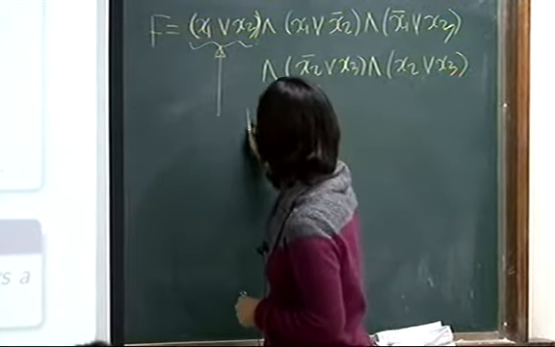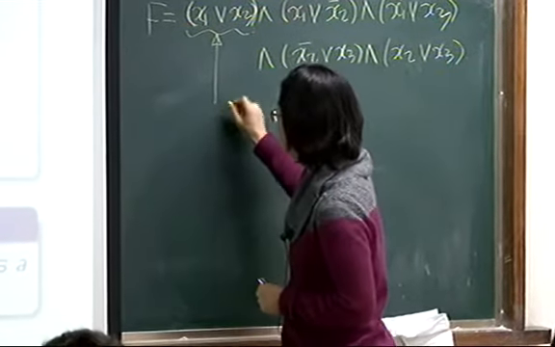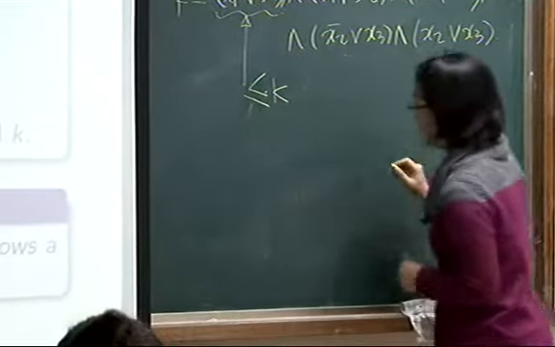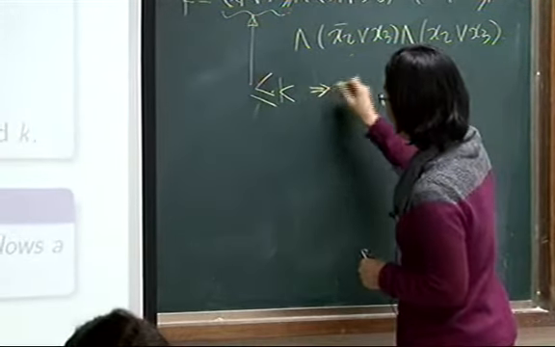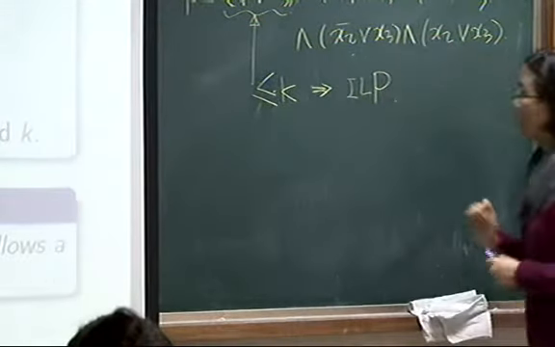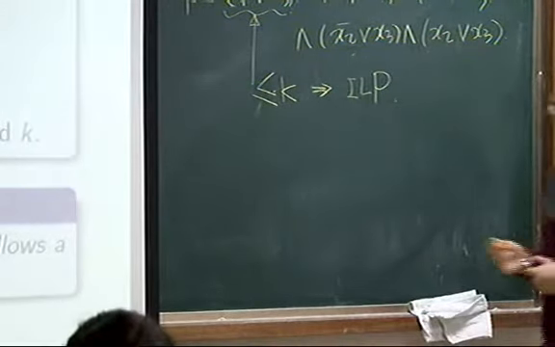So we want to answer the question whether there is a vertex cover of size at most k. Then we can formulate this problem as an integer linear programming formulation.